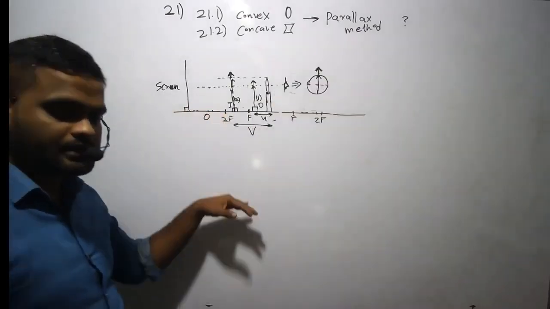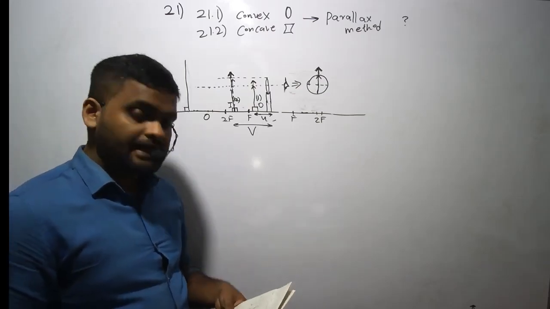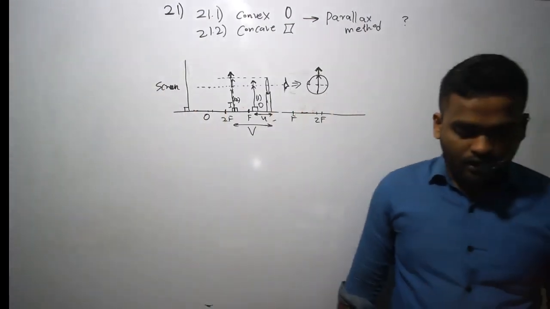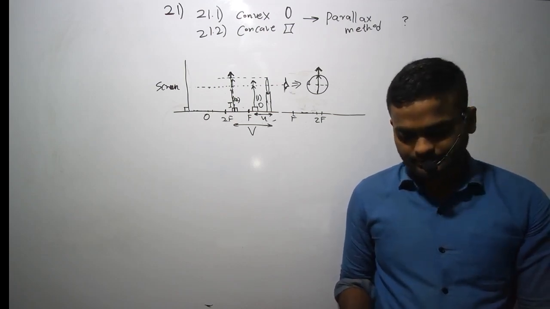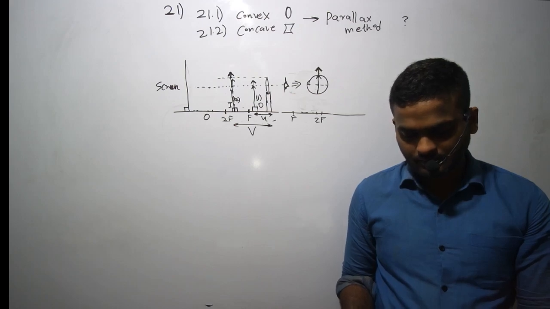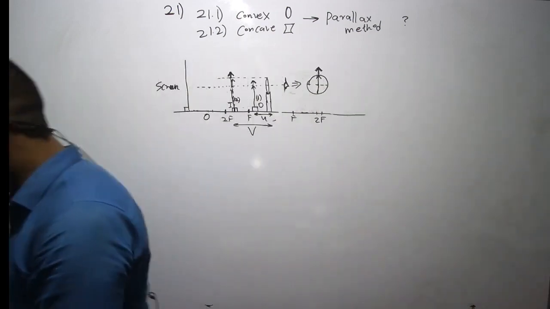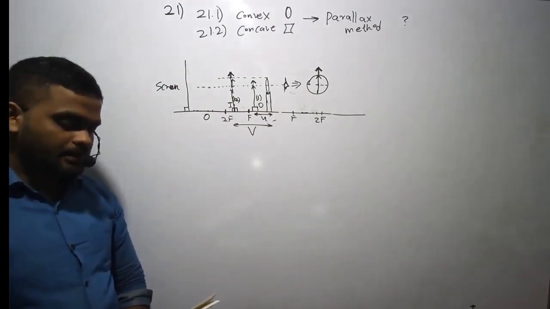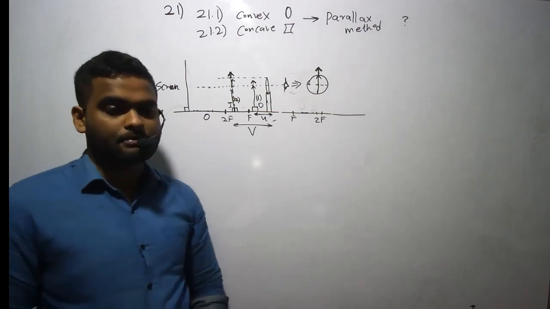Right, below this write down, the eye is placed closer to the lens to avoid the image of pin 2.